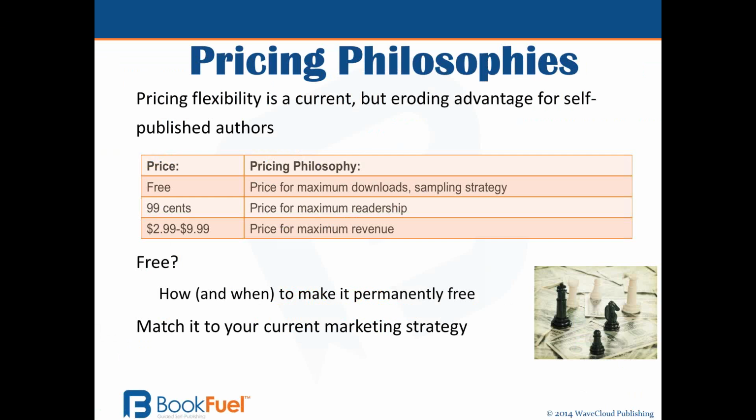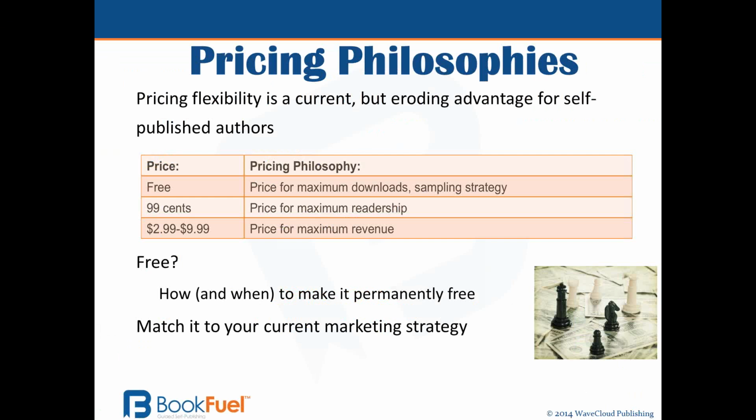So once you've got a series, or it doesn't have to be a direct series, it can be a set of related books all in the same fictional world that you might have built, feel free to experiment with setting your price to free. Now, those of you who've worked with Amazon know that you cannot directly set your book at $0. You actually have to set it at probably 99 cents or $3.99.